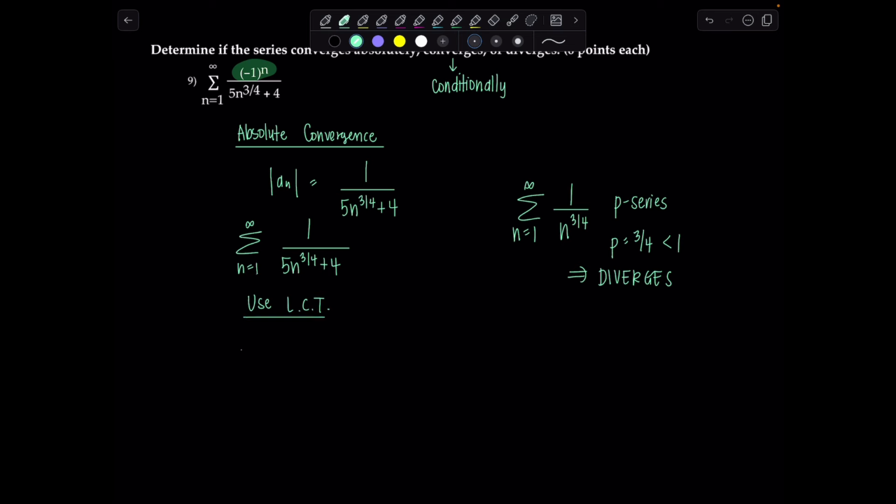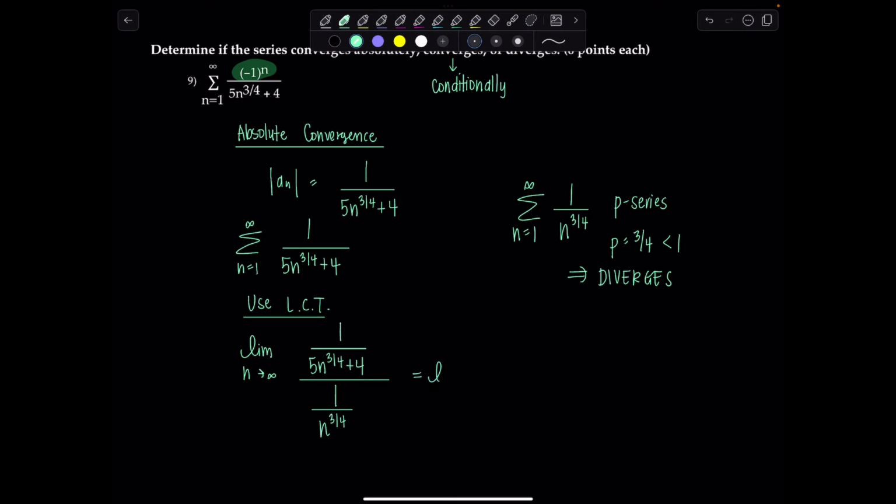In the limit comparison test, we take the limit as n approaches infinity of the terms of our series, so 1 over 5n to the 3/4 plus 4, over the terms of the series we're comparing it to, so 1 over n to the 3/4. And then this just flips up top.